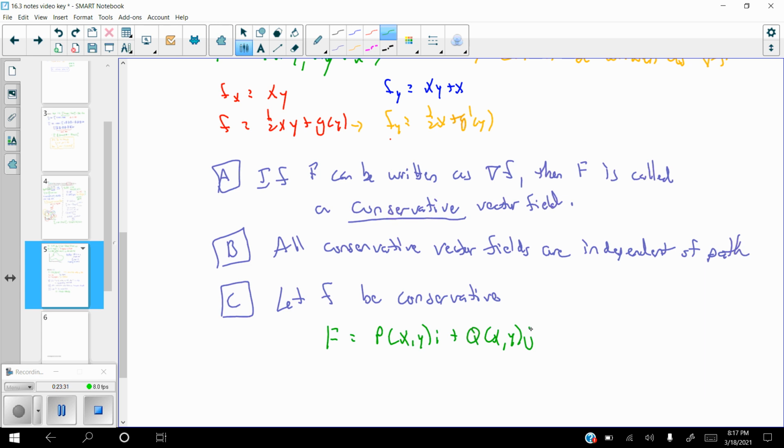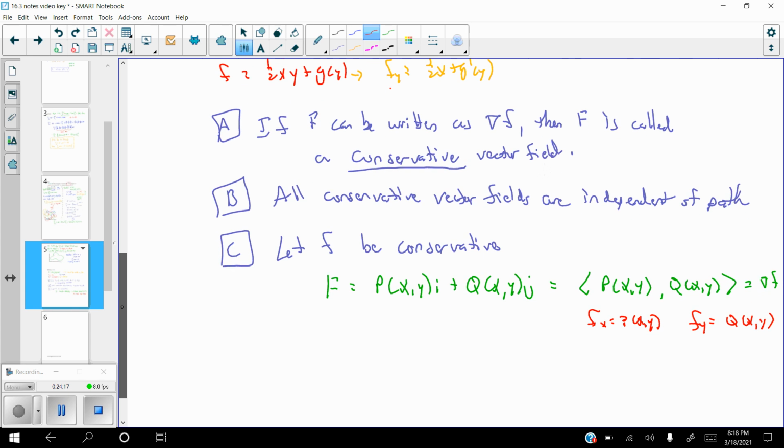Well, if f is conservative, then that can be defined as the gradient. So we can write that as P of xy, Q of xy. So if this thing right here represents the gradient of lowercase f, because we're defining it to be conservative, then that means that f sub x is P of xy, and f sub y is Q of xy.